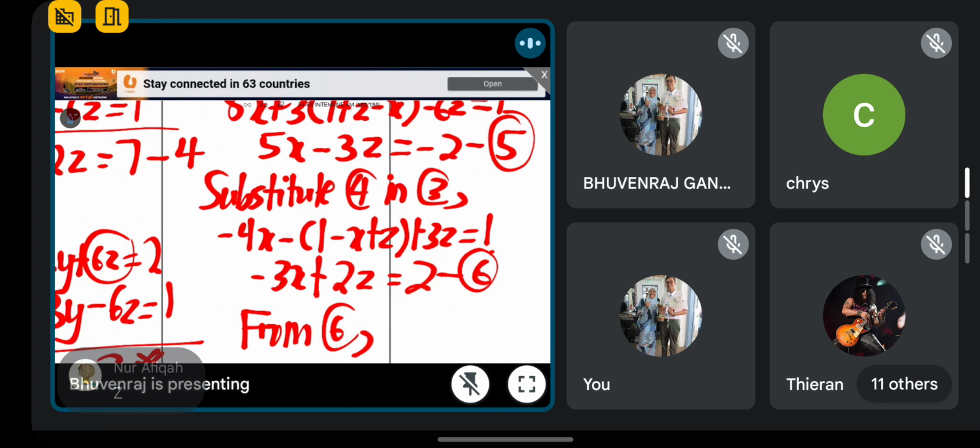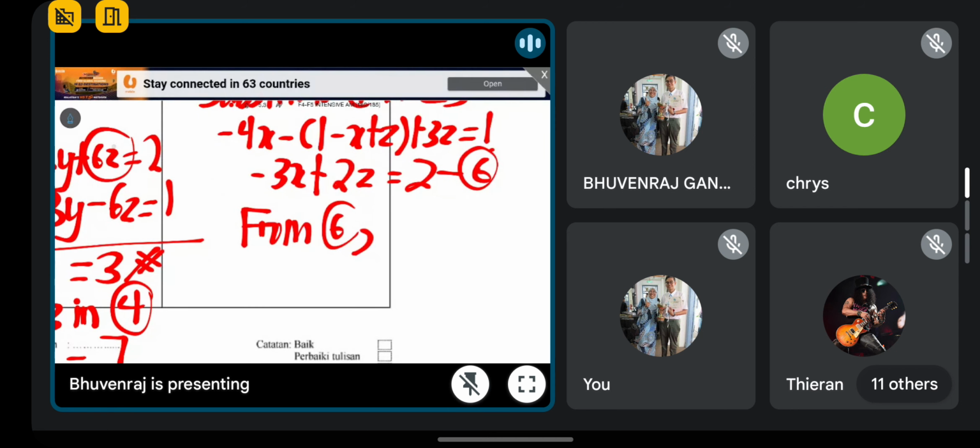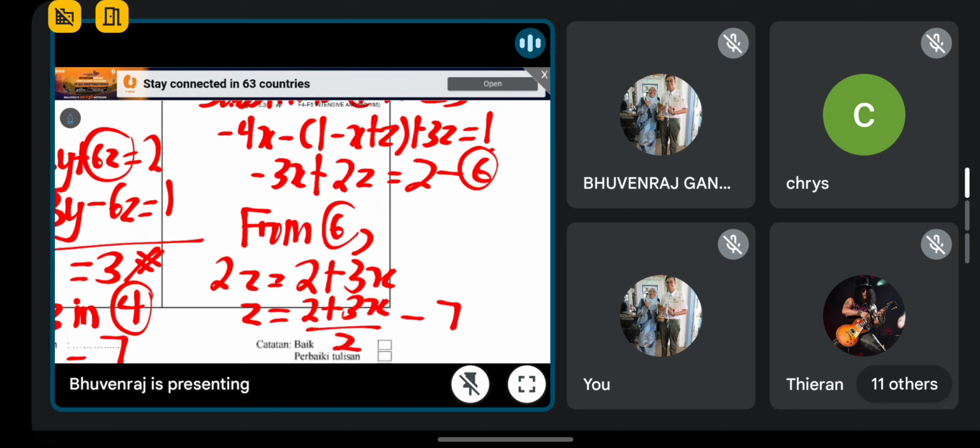Okay, kamu pilih Z. Okay. Minda saya sama dengan Afika. Saya pun pilih Z. Okay, so I will choose persamaan ke-6. 2Z equal 2 plus 3x means that Z is equal to 2 plus 3x bahagi 2. Label ni sebagai yang ke-7. Okay, you label this as number 7.